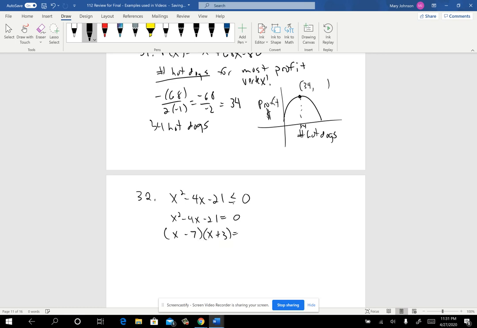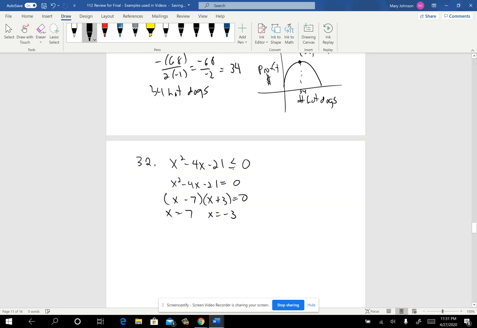So we factor, set each factor equal to 0, and we get x is either 7 or -3. We're looking for the x's that make this true, and you just found that -3 and 7 are the values that make it equal to 0.